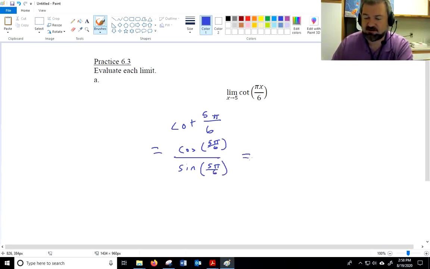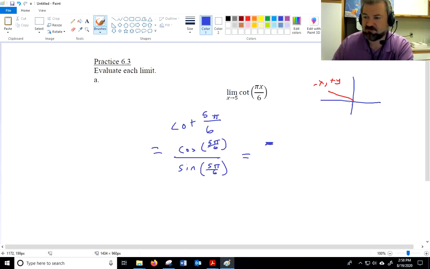All right, the cosine of 5 pi over 6: 5 pi over 6 is an angle that is in quadrant 2, where the x's are negative and the y's are positive. So cosine is the x value, so we know that this is going to be a negative. A negative what? Well, the cosine of pi over 6 is root 3 over 2.